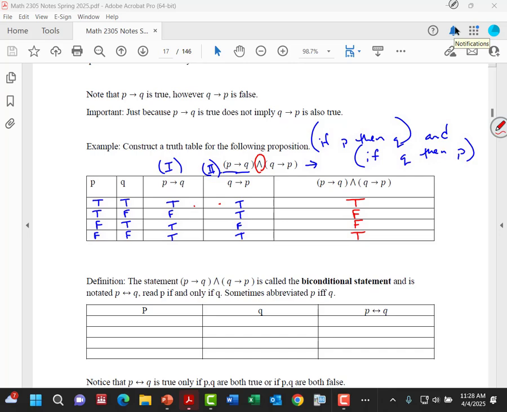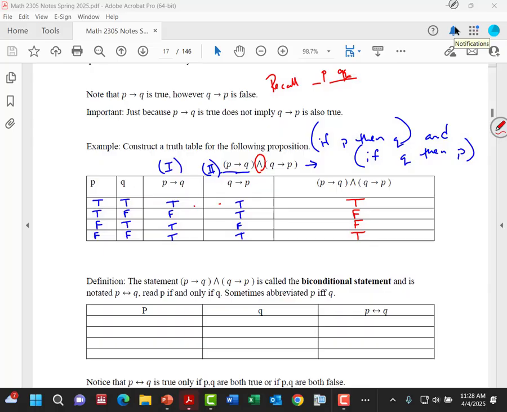It might be good to recall that for any statements P and Q, the and is true only when both statements P and Q are true.